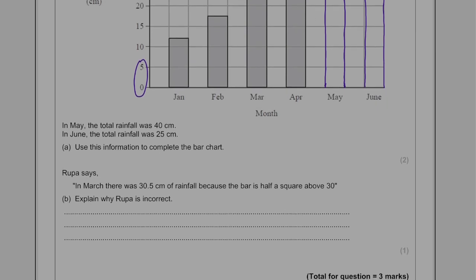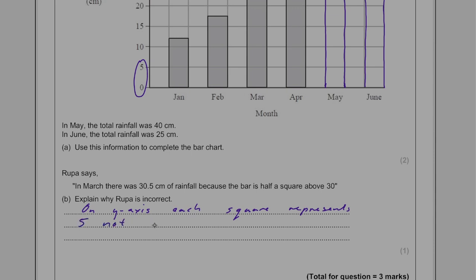So on the y-axis each square represents 5, not 1. So half a square is 2.5, not 0.5.